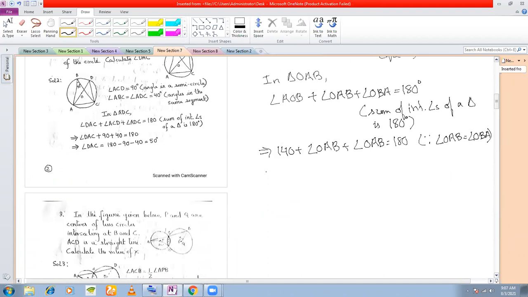So this becomes 140 plus twice angle OAB is equal to 180. So that means twice angle OAB is equal to 180 minus 140.